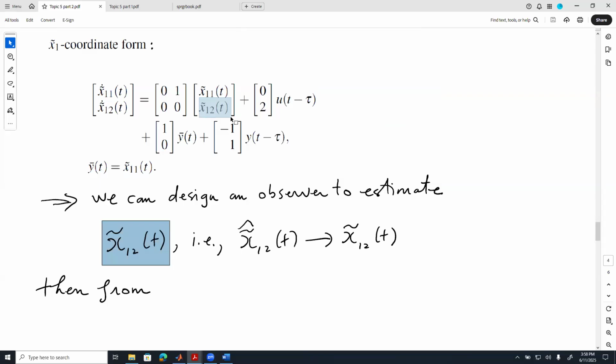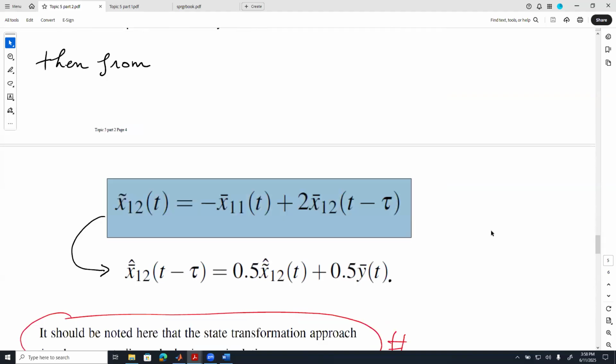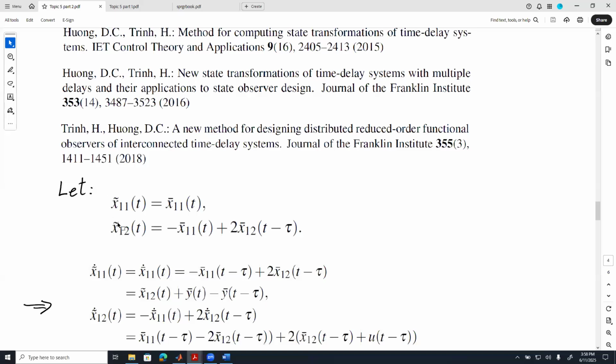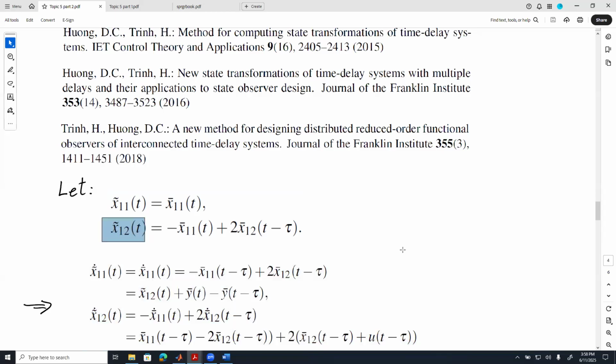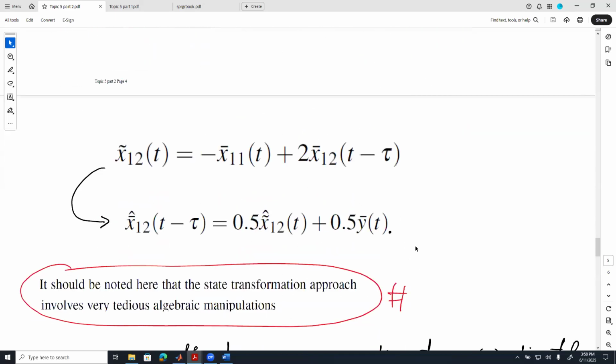And if we can estimate it, then from this expression, which is the one where we introduced the coordinate transformation, of course we can estimate the delay stack variable. So that's the idea behind that. We then say, we can estimate this delay stack variable.